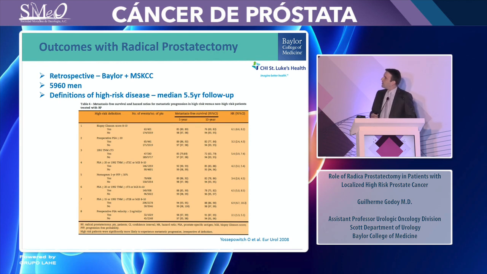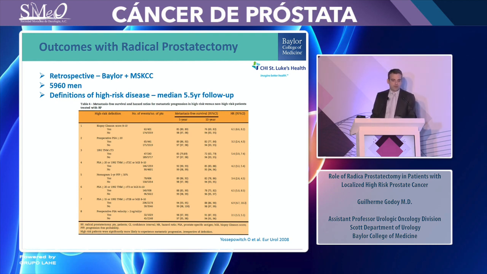So going now a little bit on the outcomes of patients who receive radical prostatectomy, there's several papers I'm gonna list here. I'm gonna go a little quickly now because they basically give the same message. This is a retrospective study from Baylor and the Memorial Sloan Kettering, including almost 6,000 patients, and they tested different definitions of high-grade disease.